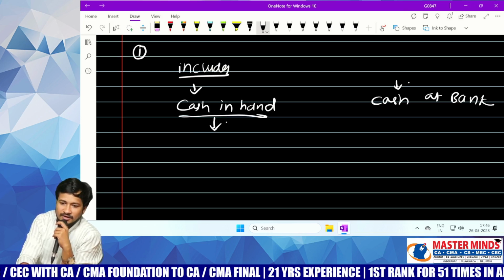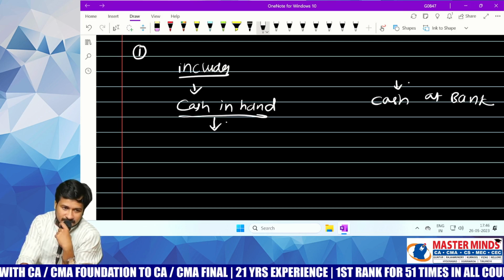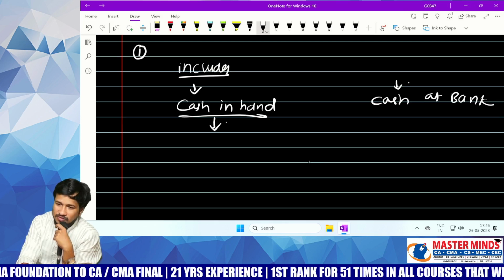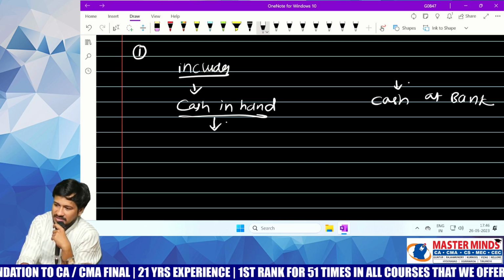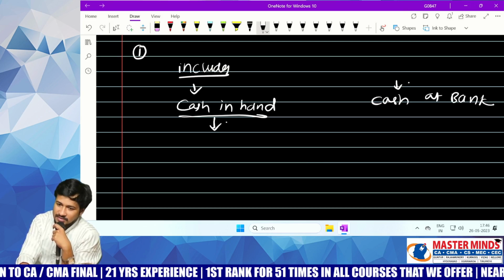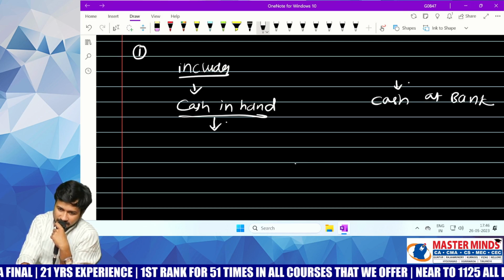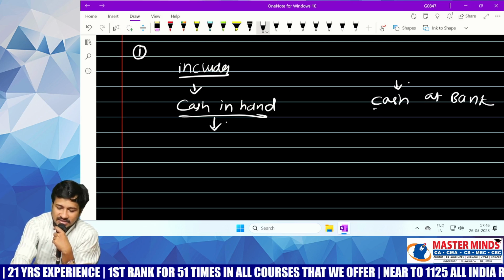and it includes currency, notes, coins, etc. Now come to the right side, cash at bank.